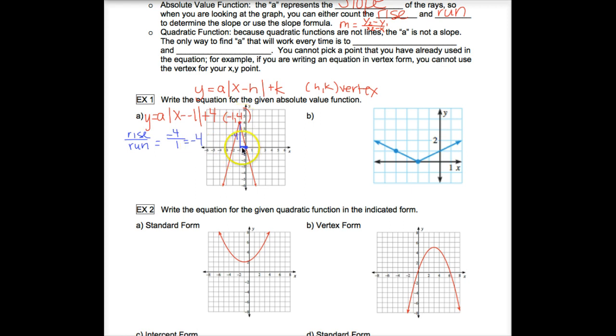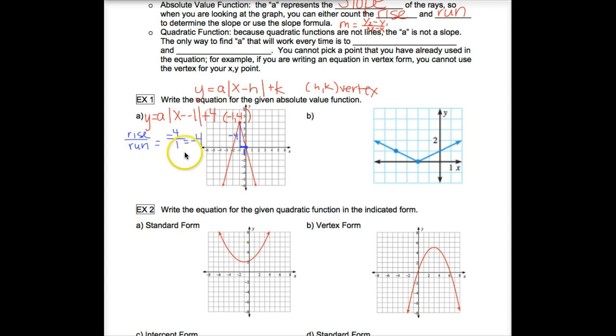Now, depending on which ray you count, if you get a positive slope, you have to remember the A determines the direction of the opening. So because this one opens down, you have to take the -4 because the other ray has a slope of +4. So you need to know, based on whether it opens up or opens down, whether it's positive or negative.